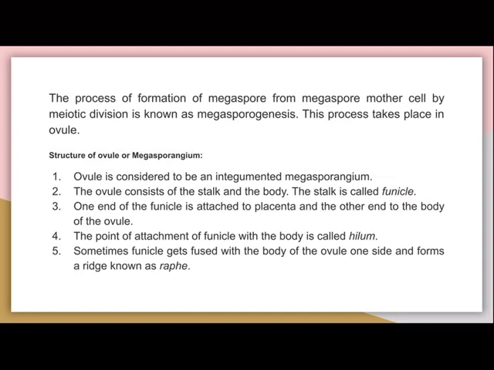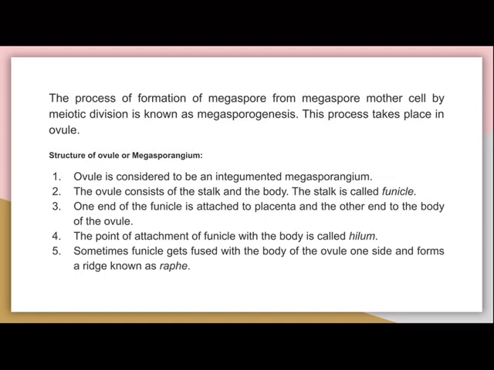Sometimes the funicle gets fused with the body and forms the raphe. The body of the ovule shows two ends. One is called the basal end, which is often called the chalaza, and the upper part is called the micropylar end. In the micropyle, you will find the integuments are partially covering and they leave one gap at the top.